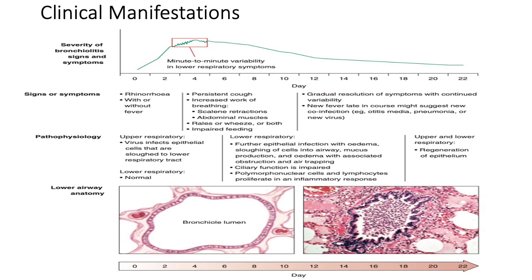Expiration is prolonged and you may be able to hear wheeze or rales or both when you auscultate the chest of the infant. The most significant thing during this phase is that the feeding of the infant is impaired because of respiratory distress, and this impaired feeding leads to further complications.